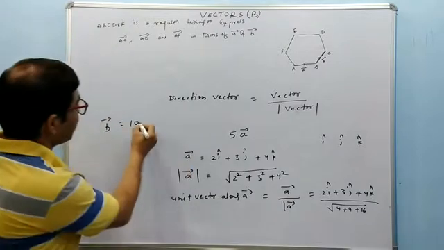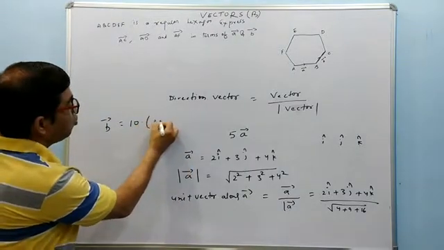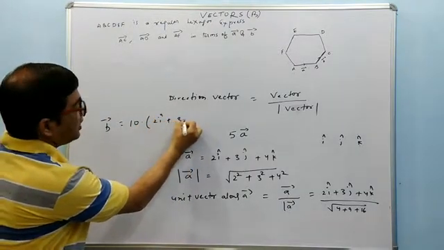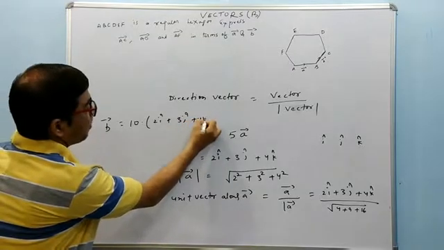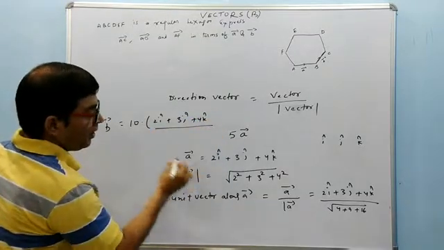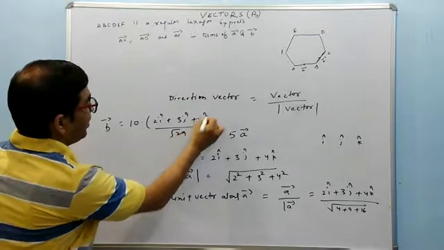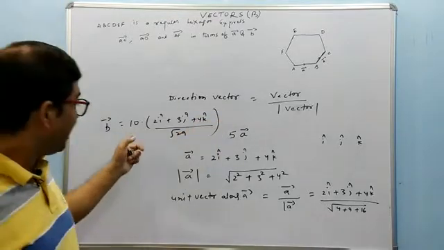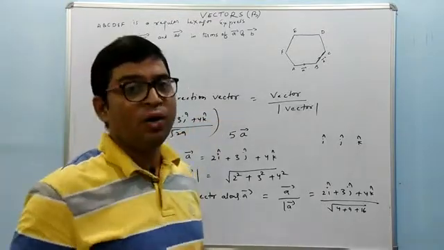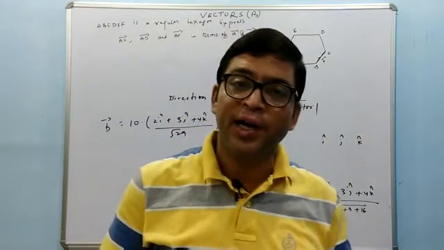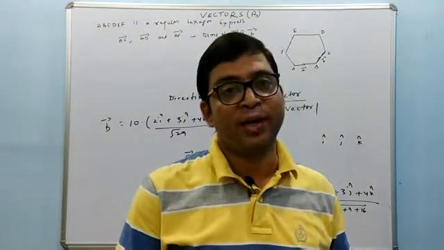So we will just write 10 into 2i plus 3j plus 4k divided by root 29. So this is a vector whose magnitude is 10 and which is along vector A. So we have picked up the direction of vector A.